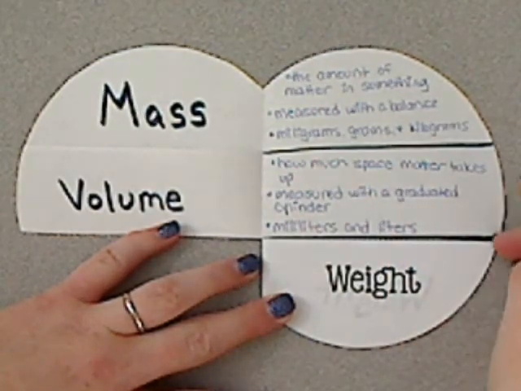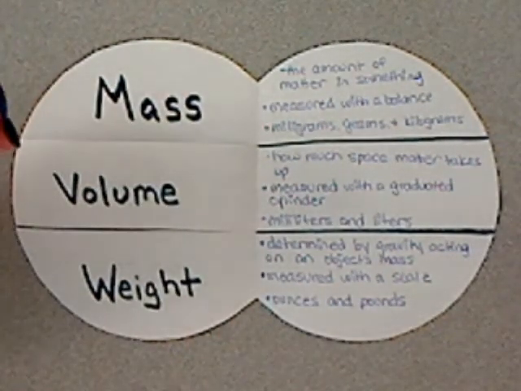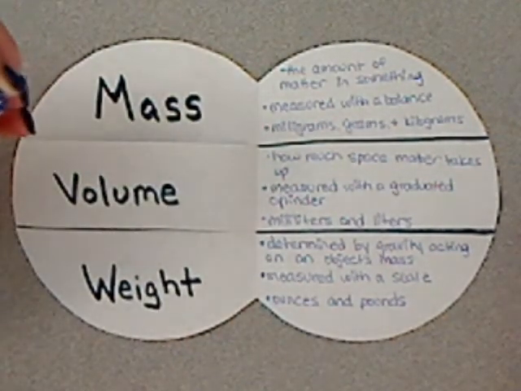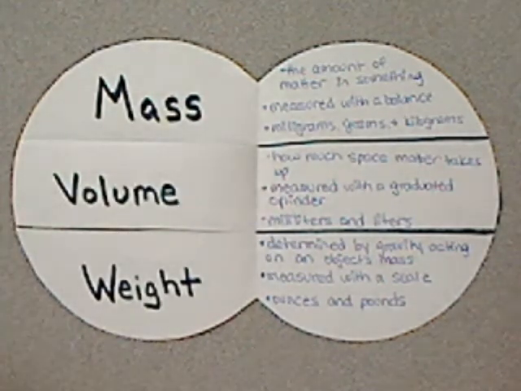Now for weight is determined by gravity acting on an object's mass. And if we think about it, depending on the amount of gravity on a certain celestial object, for instance, the gravity on Earth compared to the amount of gravity on Jupiter, the amount of gravity on Jupiter is so much higher.